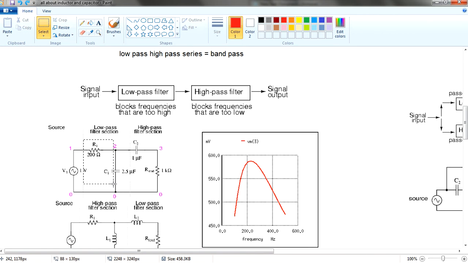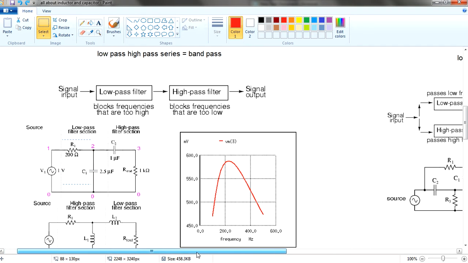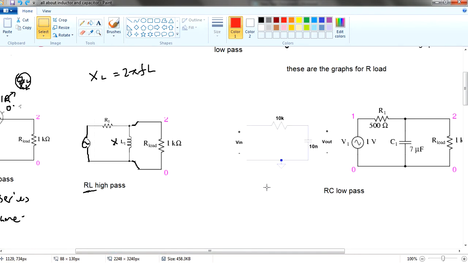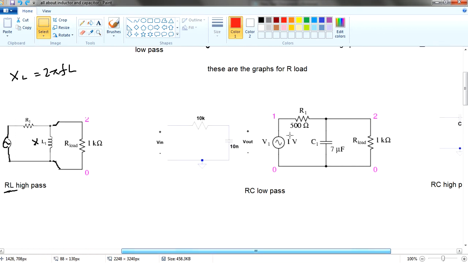This is the low pass, right? For low pass, you're connecting parallel to your high pass. So it's some resistors, a capacitor in the middle, and then you have an R load.